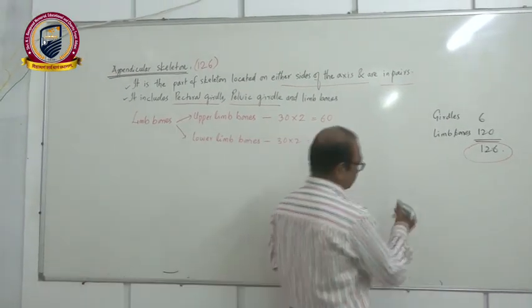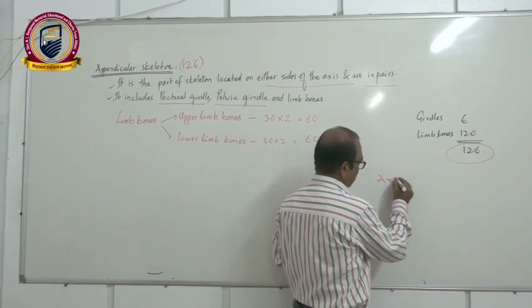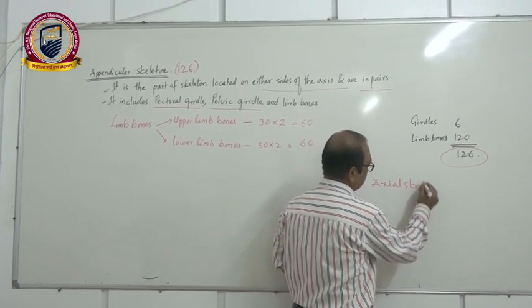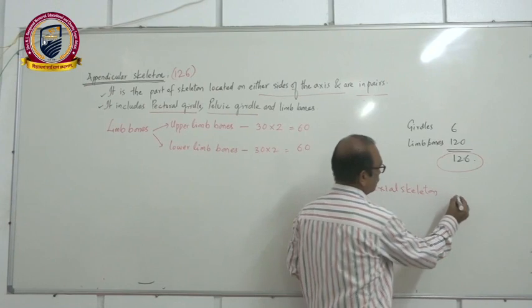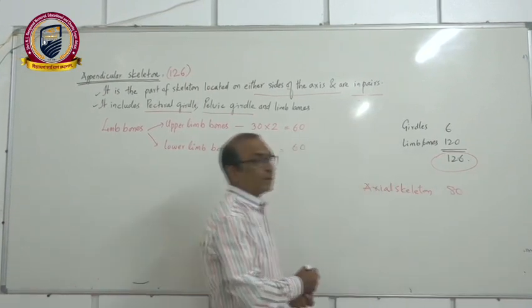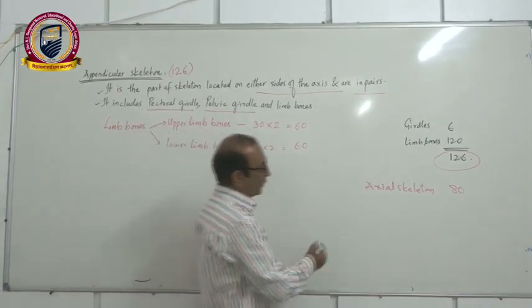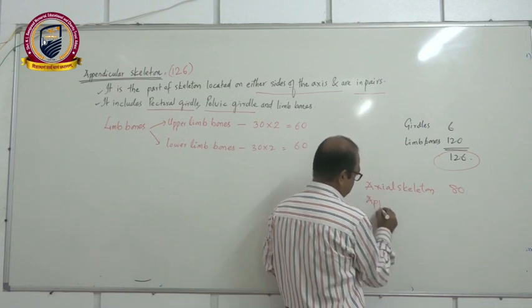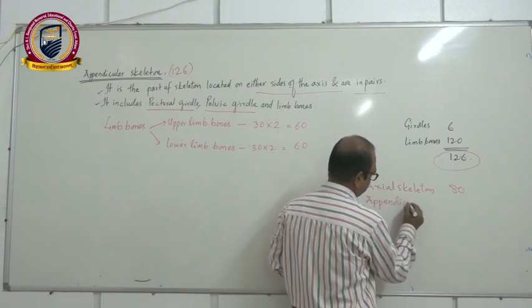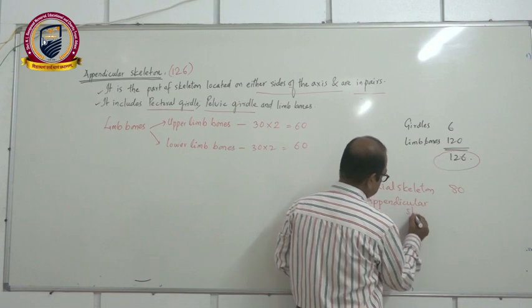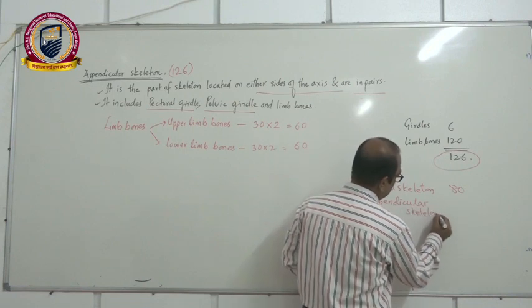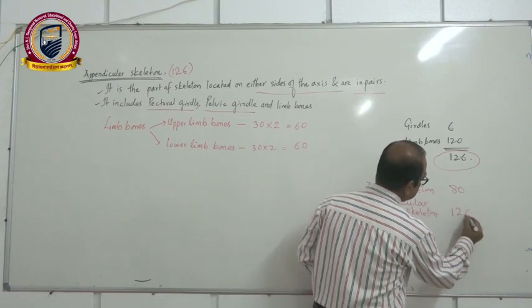We have seen that the axial skeleton has a total of 80 bones. And now the appendicular skeleton has a total of 126.